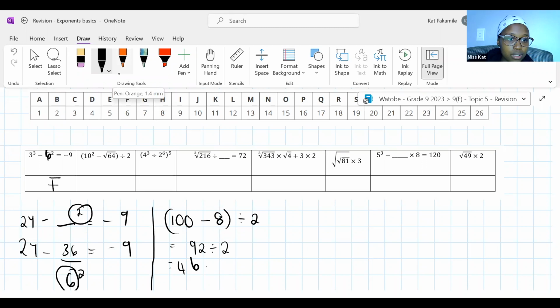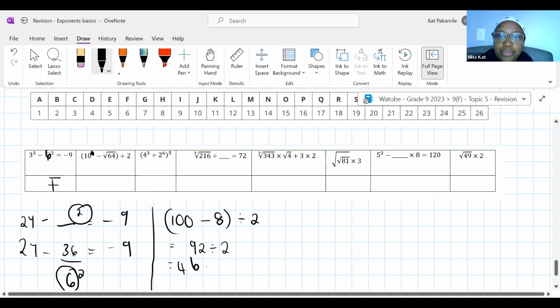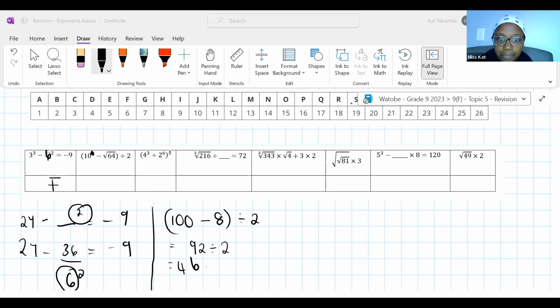So 10 minus 8. Ma'am, it's fraction, I think. Okay, let's see. That one is 7 times 2, which is 14, and that is indeed N.